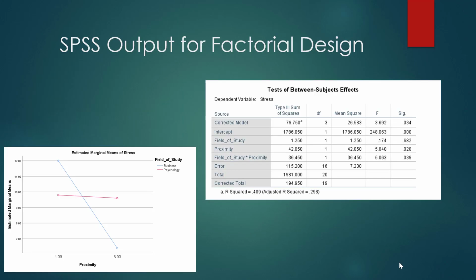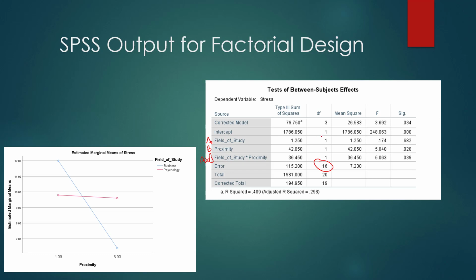So this is what an SPSS output might look like for a factorial design. Here we have our main effect of A, our main effect of B, and our interaction. Here's that error term for degrees of freedom.